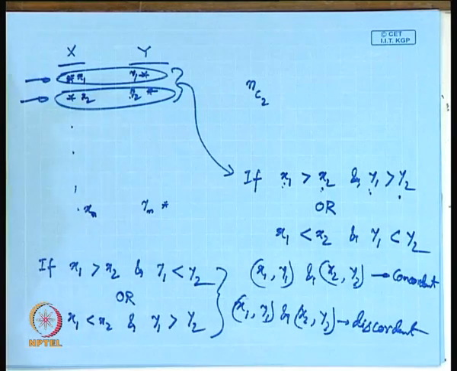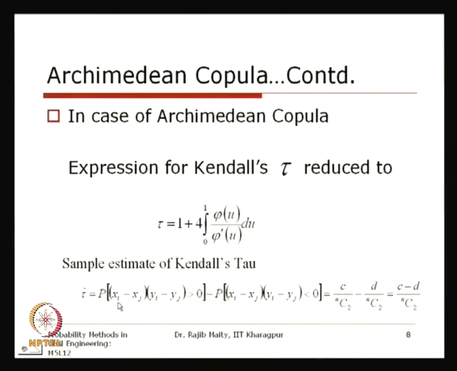That is why it is written here that if xi minus xj multiplied by yi minus yj is greater than 0, it is a concordant pair.